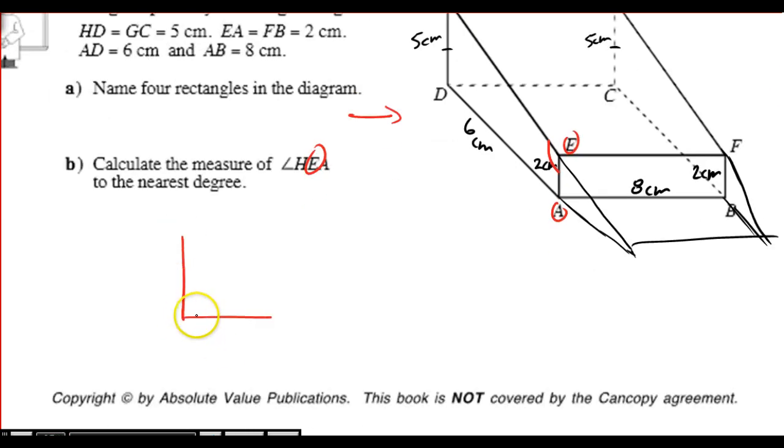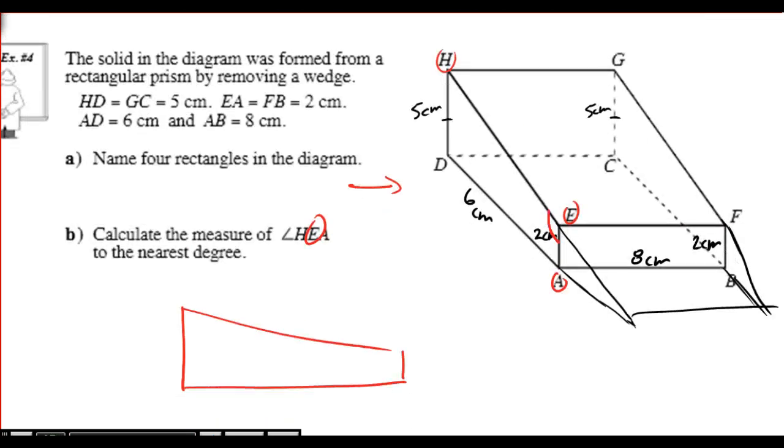Just bear with me while I do my best diagram here. And the angle we're looking for would be that angle there, and I'll call it theta. That's what we're trying to calculate to the nearest degree here.